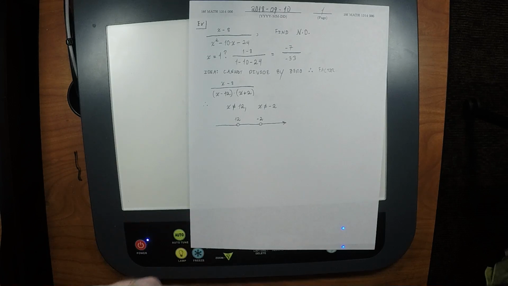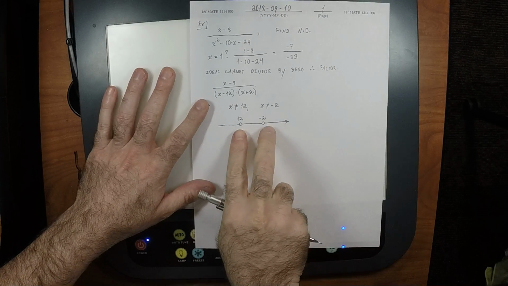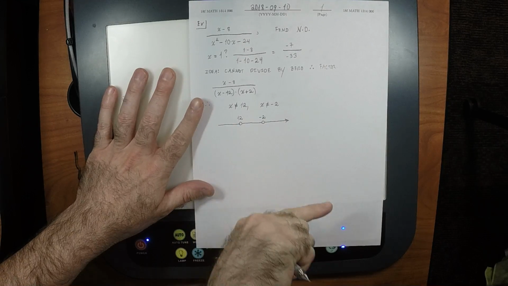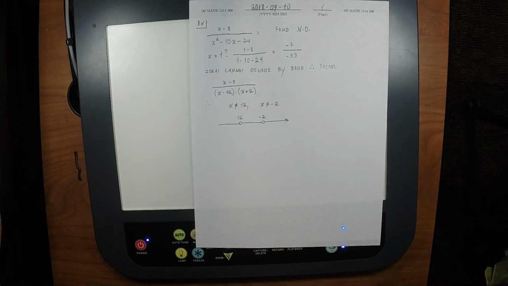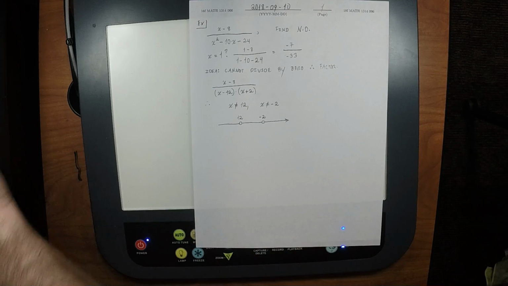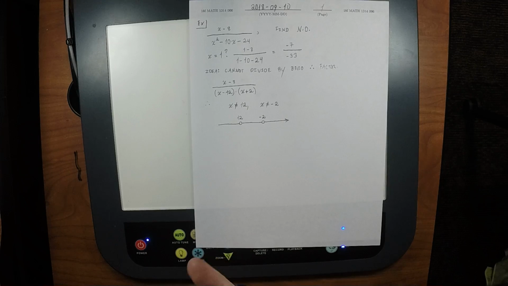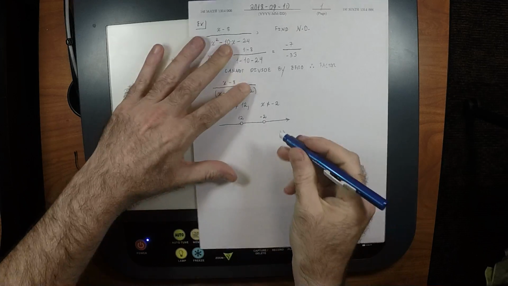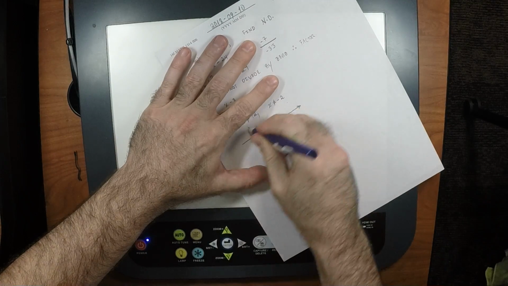You said open circle at 12, open circle at negative 2, and I did that. The increasing direction is to the right, so 12, being more than negative 2, has to be to the right. I point this out because it's a very common kind of error that I see.